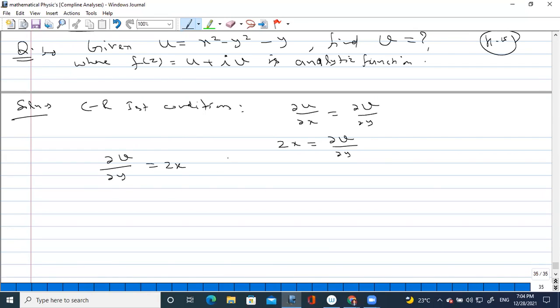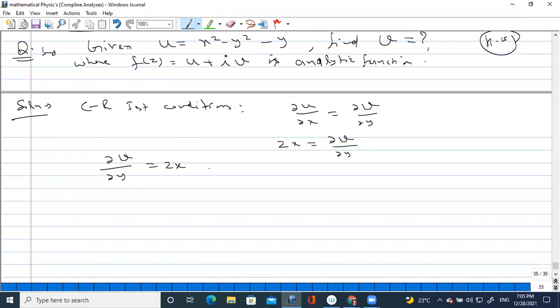Understood? And we have to think the reverse also. While we were doing the differentiation, because differentiation is with respect to y, it is a partial differentiation.